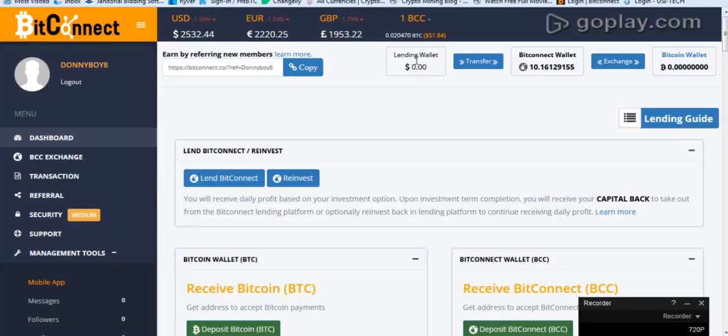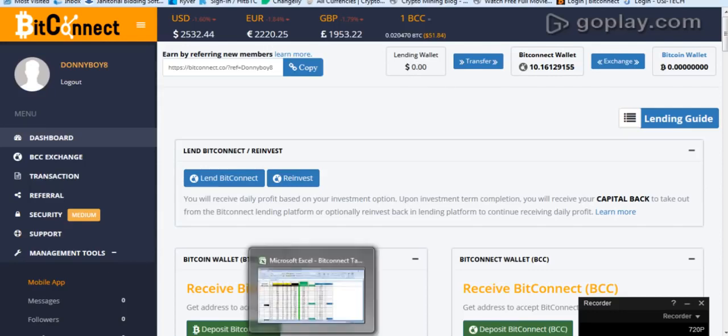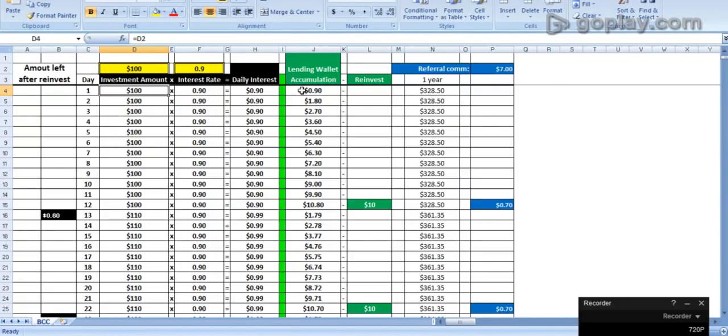So that's where your daily interest rate, as you just saw, shows up. So every day you're going to let that interest go into your wallet, and then you'll see this $10 or this green block here. The minimum reinvestment amount is $10. So that's why you have to wait till at least that to make your next reinvestment.